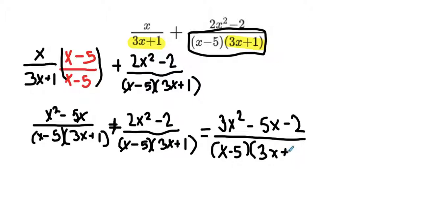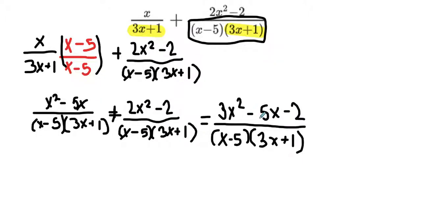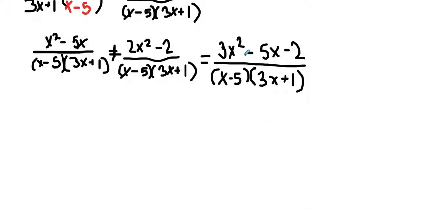Now I need to see if I can reduce this any further. The numerator is not written as a product. So I'm going to go ahead and factor 3x squared minus 5x minus 2 to rewrite it as a product to see if I can reduce any factors that appear in both my numerator and my denominator.